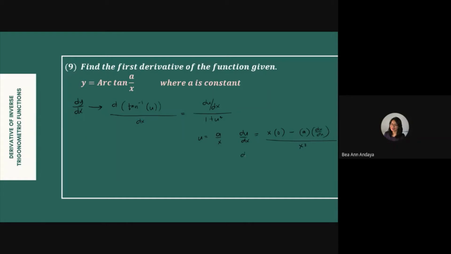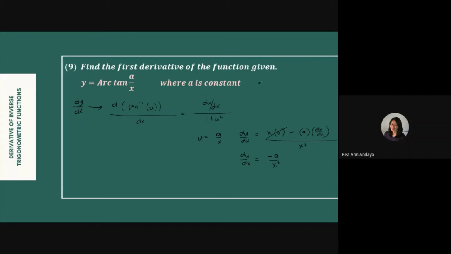Or basically, this is du over dx equal to, this is 0, so that is negative a divided by x squared.